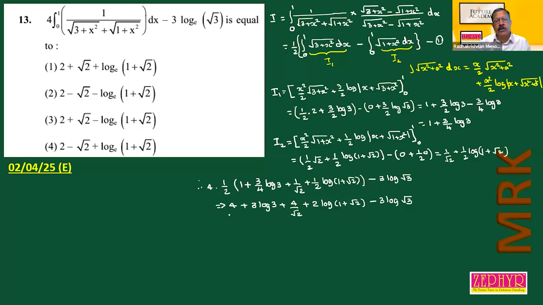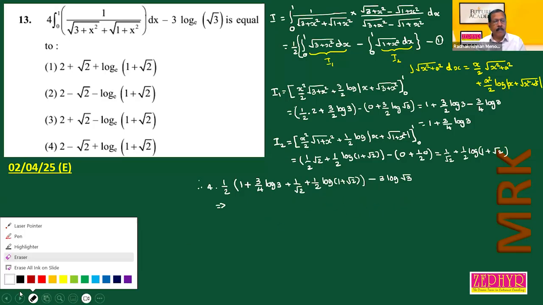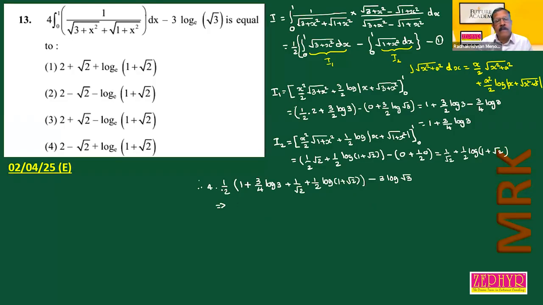So 4 into 1 by 2 is 2. So in the place of 4, when you cancel this, you are getting 2.